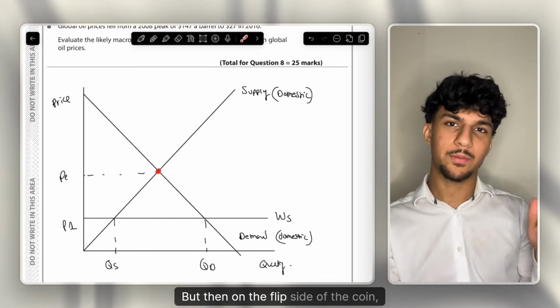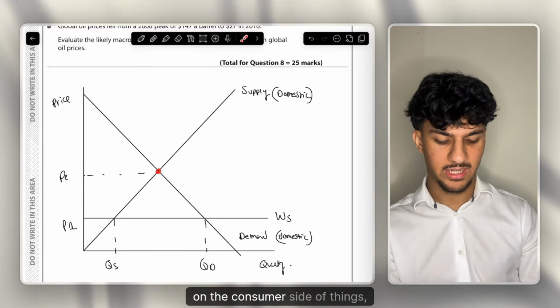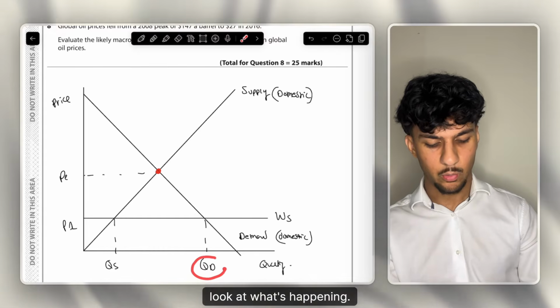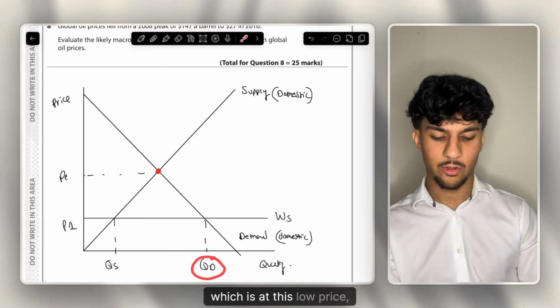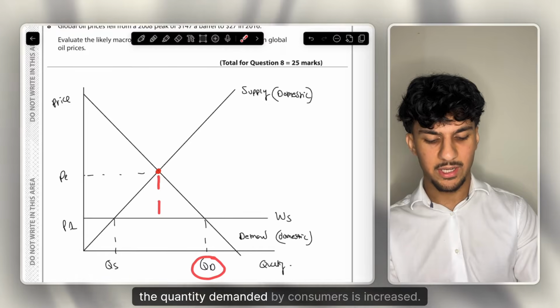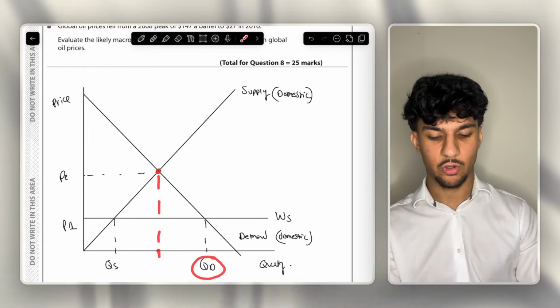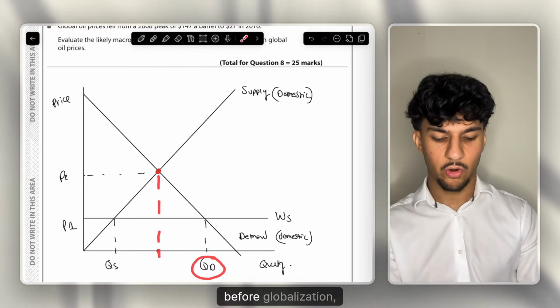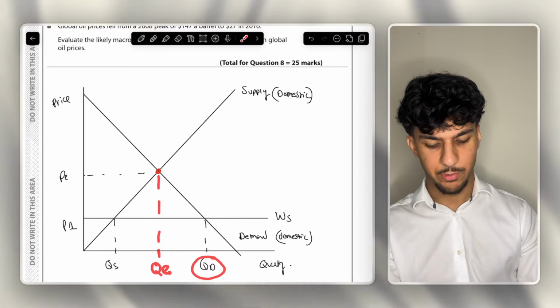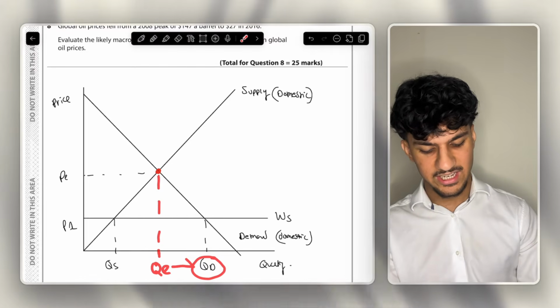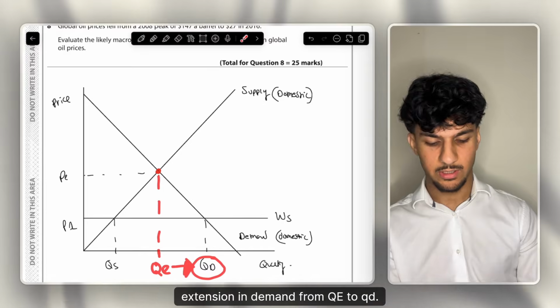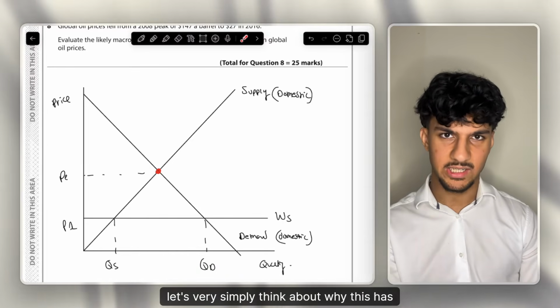But then, on the flip side of the coin, on the consumer side of things, look at what's happening. We have QD, which is, at this low price, the quantity demanded by consumers, increased. So when we were in a closed economy before globalization, we can say demand was at QE, and it's actually an extension in demand from QE to QD. And let's very simply think about why this has occurred.